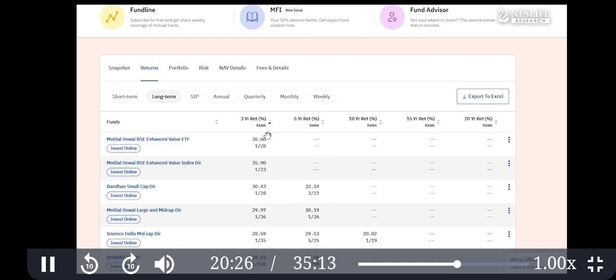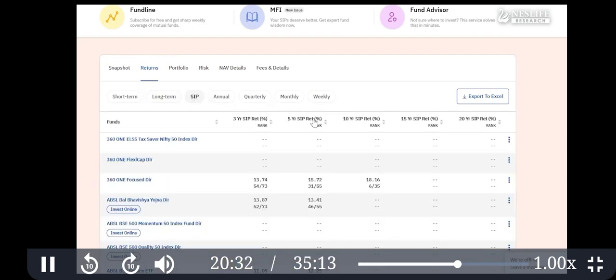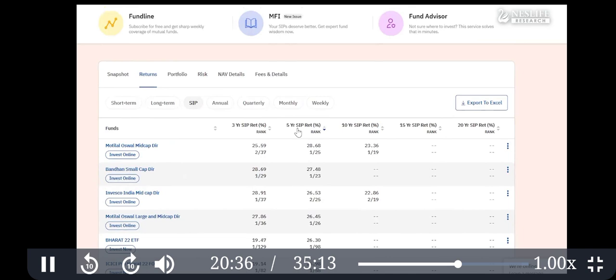Okay. The third type of return we are looking at is the SIP return. Here SIP return is multiple entry. Every month you are investing. Let's say you started a SIP 5 years ago in this mutual fund, and how much will be your value today?